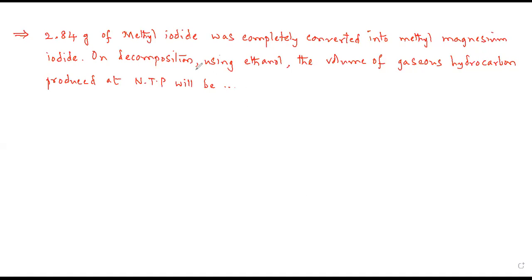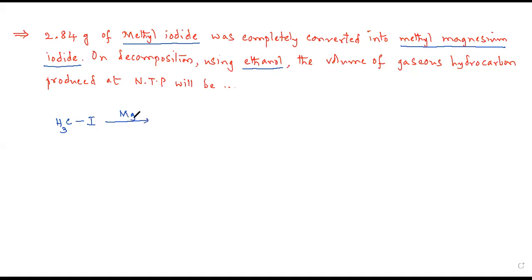Let us first see the reaction. Methyl iodide was completely converted into methyl magnesium iodide and treated with ethanol further. Look at this. This is methyl iodide.